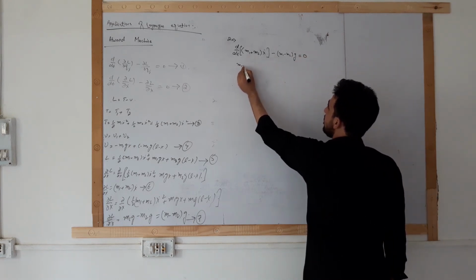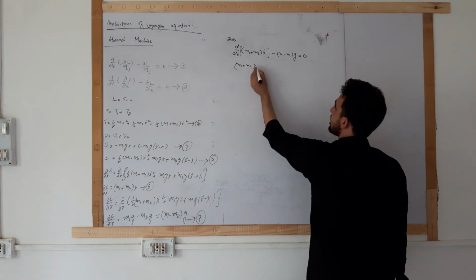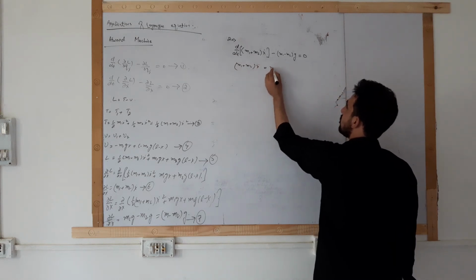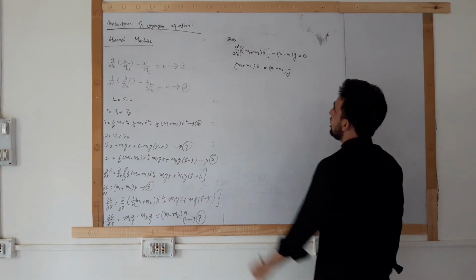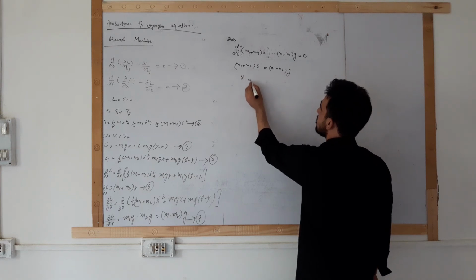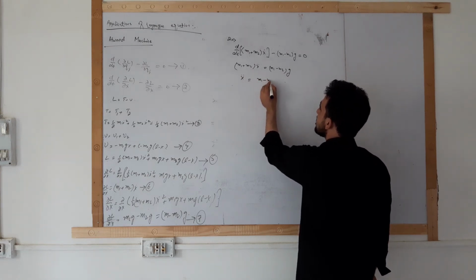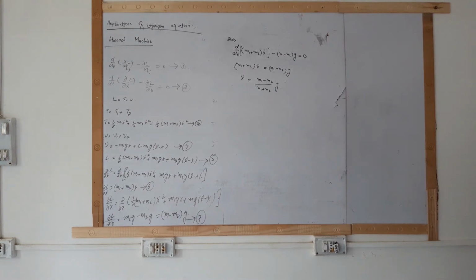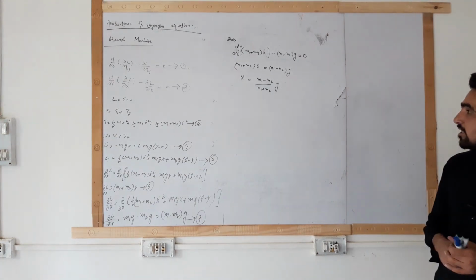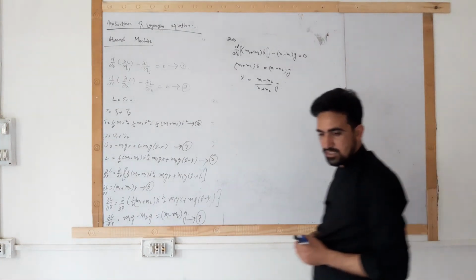This becomes M1 plus M2 times x double dot, that is the acceleration, is equal to M1 minus M2 times g, or x double dot is equal to M1 minus M2 divided by M1 plus M2 times g. That is, the acceleration produced in our Atwood machine is M1 minus M2 divided by M1 plus M2 times g. So that was it. Thank you so much.